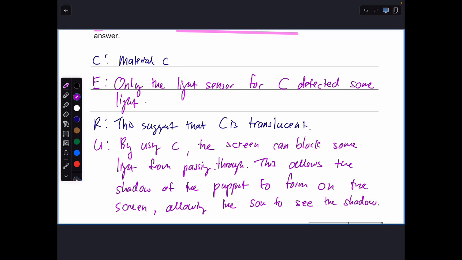Right? Okay? So you think about it, if it's transparent, no shadow will form on the screen, only reflection. Right? If it's, let's just say, opaque, oh, don't even need to see. You can't see anything, it's just blocked.